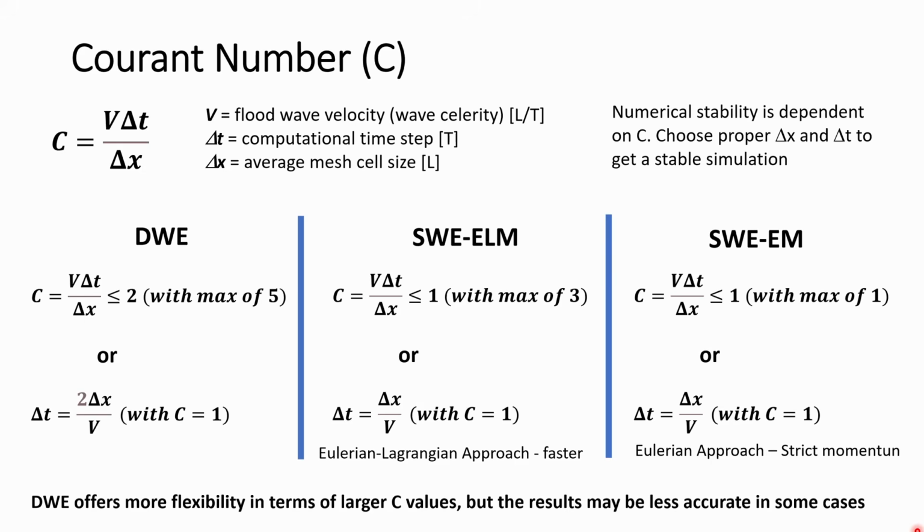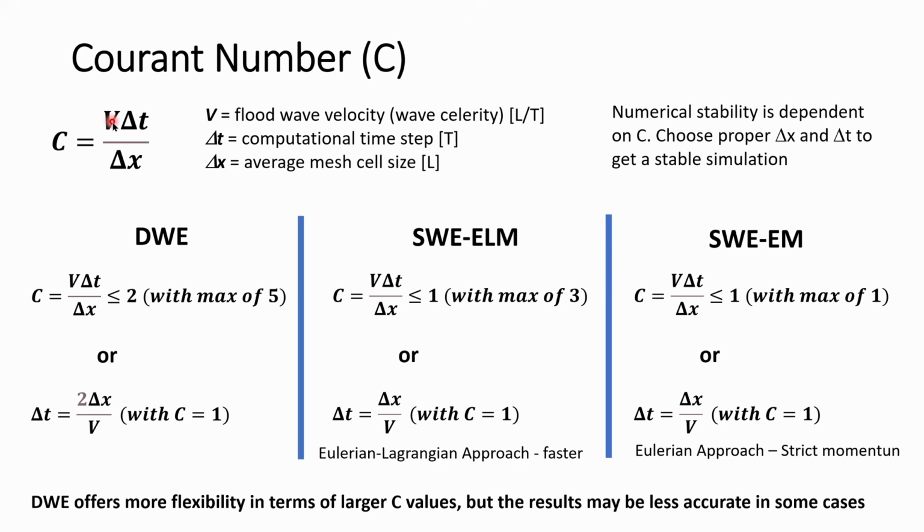When we do unsteady analysis and in two-dimensional HEC-RAS, you are going to face numerical stability issues if your mesh resolution and the time step do not satisfy what you see here, the Courant number. The Courant number is defined by this expression. So we have the flow velocity or flood wave velocity, then the time step, and the mesh resolution or the cell size. If this condition is not satisfied, you will have issues with computational stability.